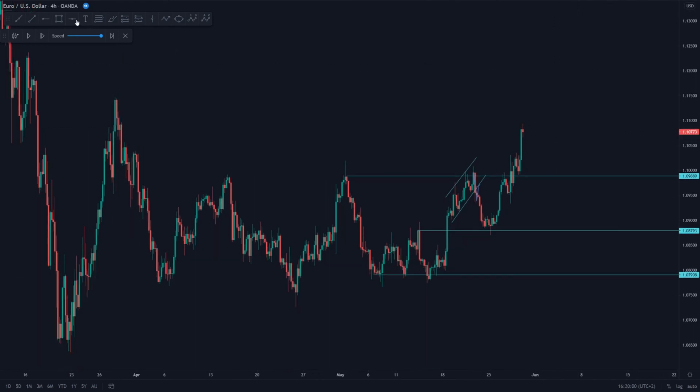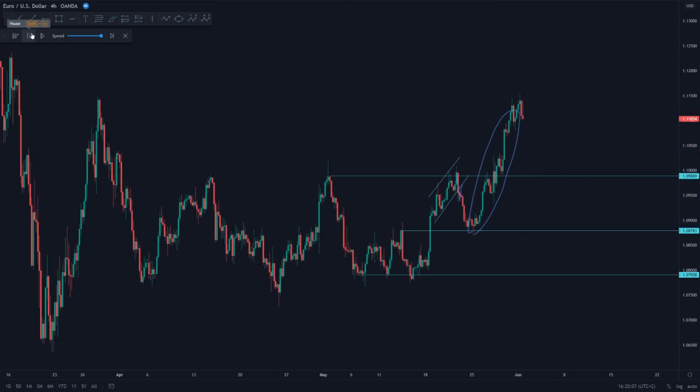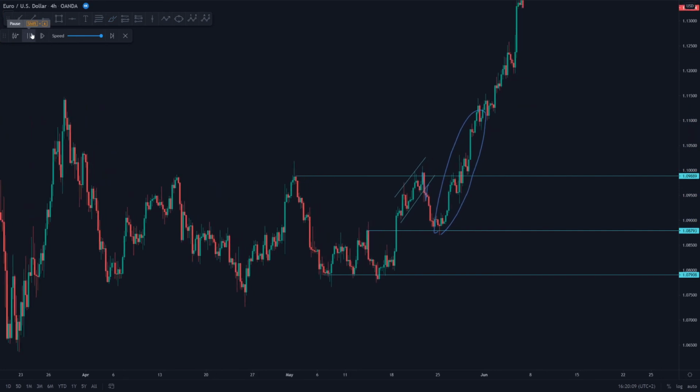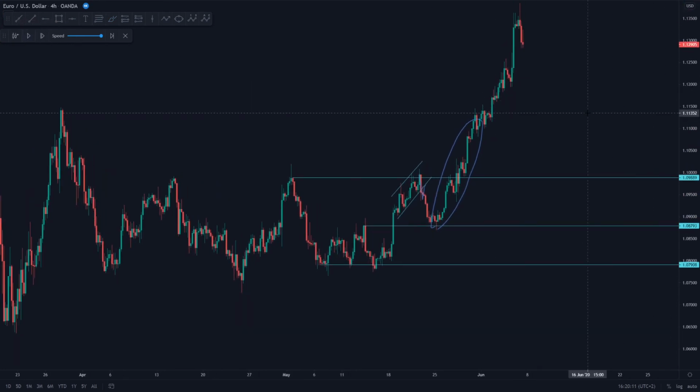And as we can see, this is all part of the 4-hour impulse back up towards the upside. So that, ladies and gentlemen, is why we draw in market structure on the higher timeframe, because we can really easily use it to our advantage when trading on the lower timeframe.